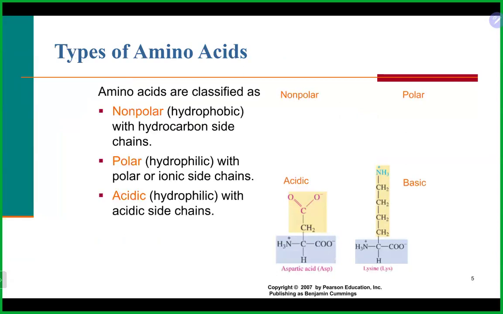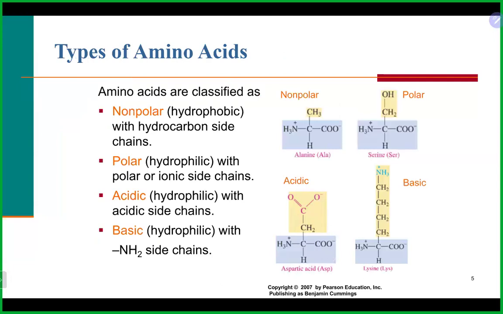All right. So you will not need to know the names of the amino acids. You will need to know the general structure of an amino acid, and you will need to classify an amino acid as one of these four types: nonpolar, polar, acidic, or basic.